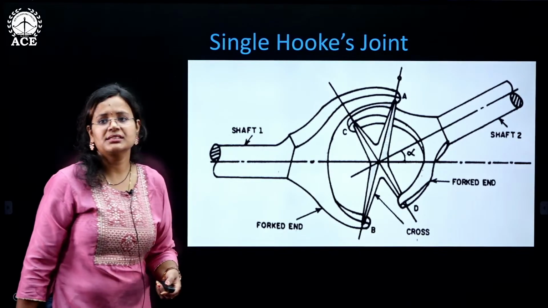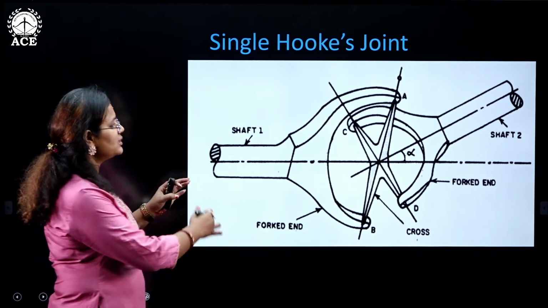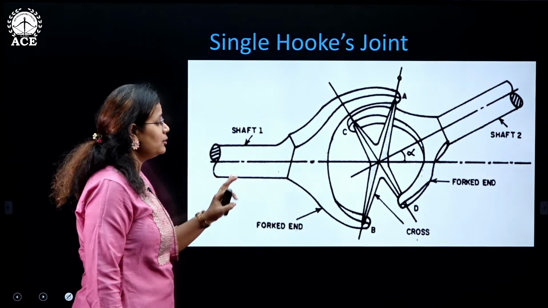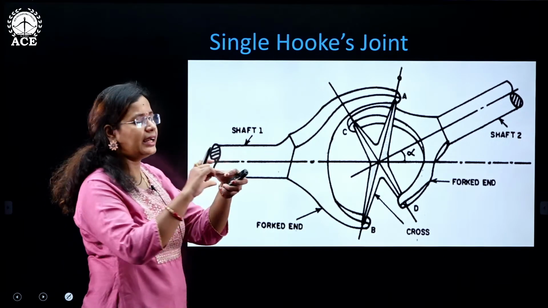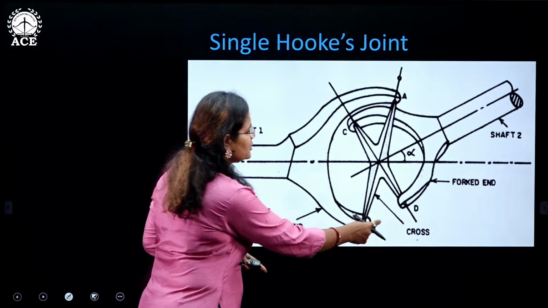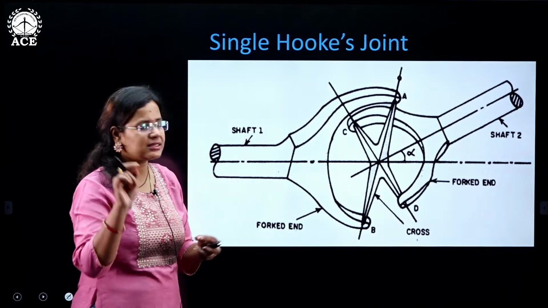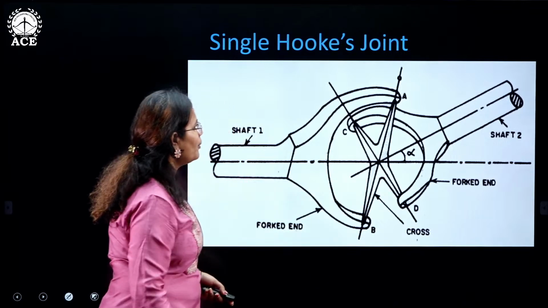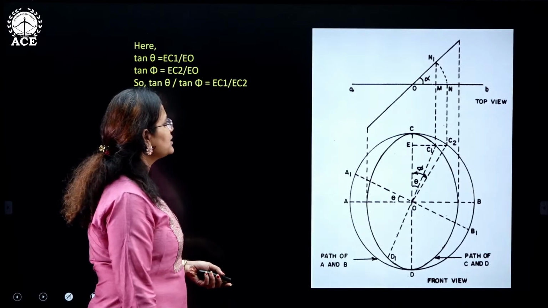Next comes single Hooke's joint. So you can see this diagram. This is how your single Hooke's joint looks like. There are two C kind of forked elements. They are connected using this cross. This cross is nothing but a plus kind of structure. When you look at it from front view and the top view, this is how it looks like.